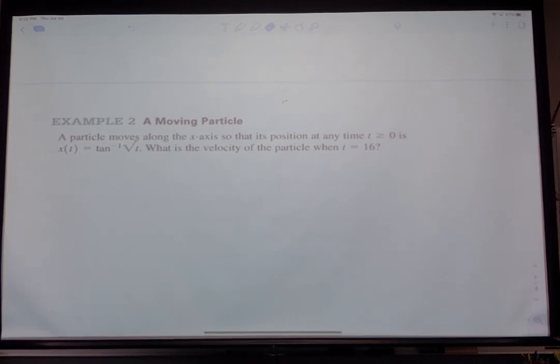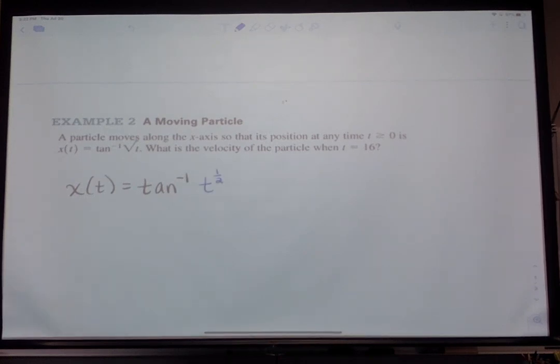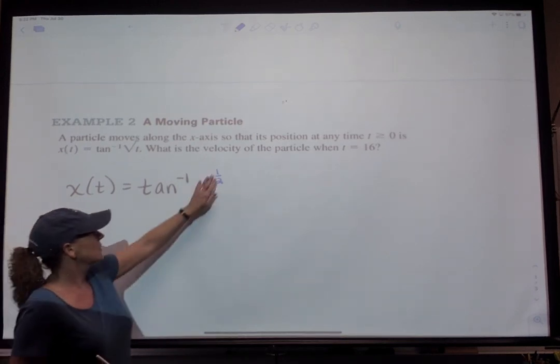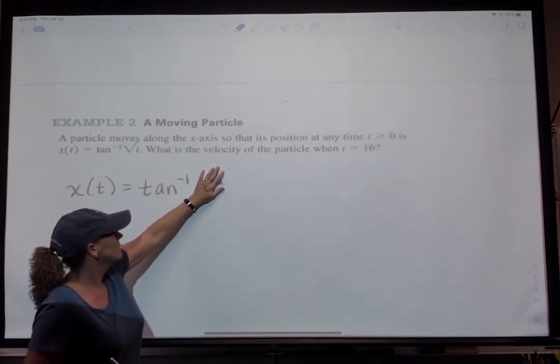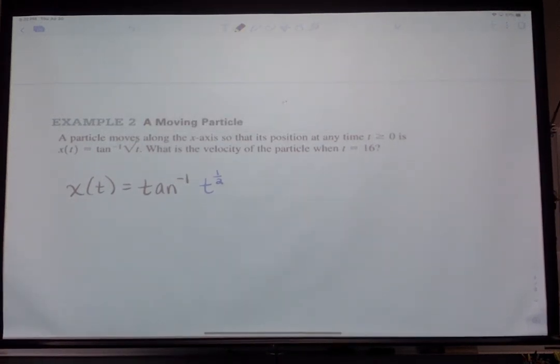I think I'm going to do a quick rewrite on x first. X of t is equal to tangent inverse of t to the 1/2 power. This is messy. Now I'll do derivative.